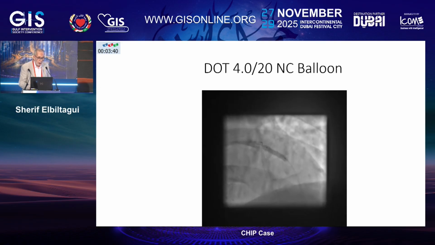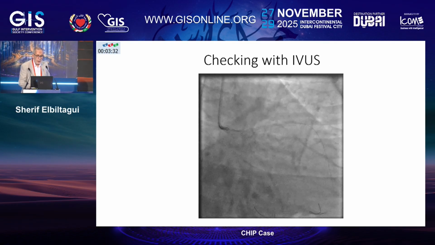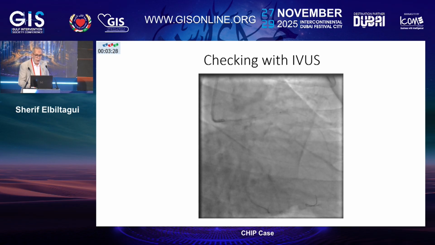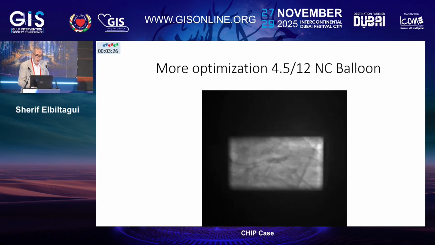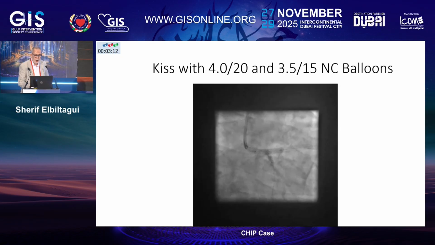And here, actually, I was very helped by the IVUS. 4 millimeter balloons at a high pressure was not enough, actually, because when I checked by the IVUS, I turned to a 4.5 balloon again to get better optimization. And here again, more optimization.